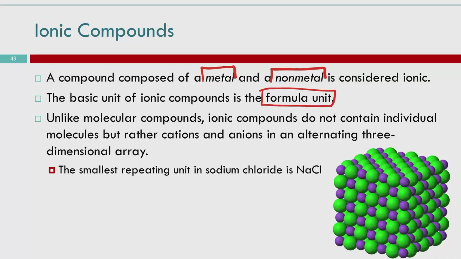It doesn't really matter which. You can see we've got an alternating array of sodiums and chlorines, and that's going on in every direction. This is how ionic compounds are formed. It's a massive array of them rather than being discrete little units.